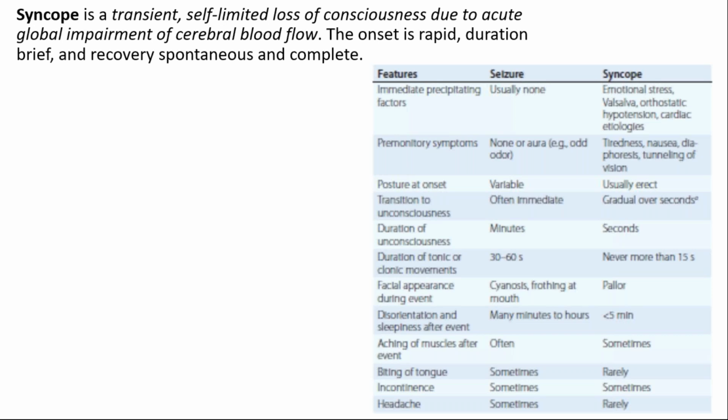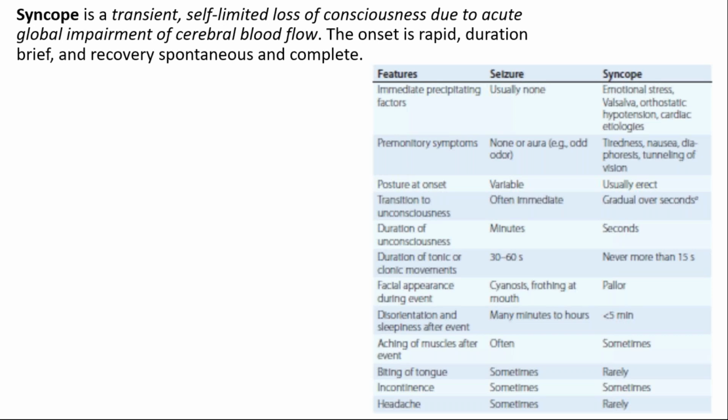Also, mind you, there are both tonic and clonic movements in seizure and syncope, but in syncope they are never more than 15 seconds, and the duration of unconsciousness is only seconds.